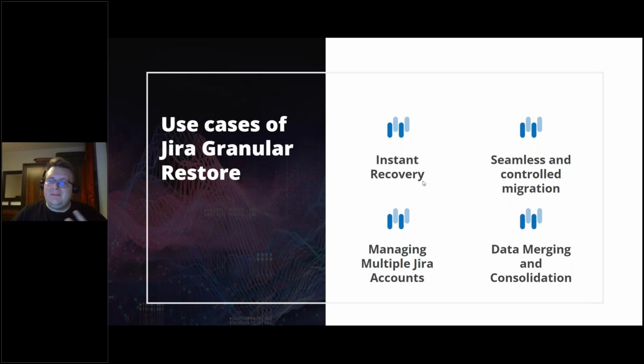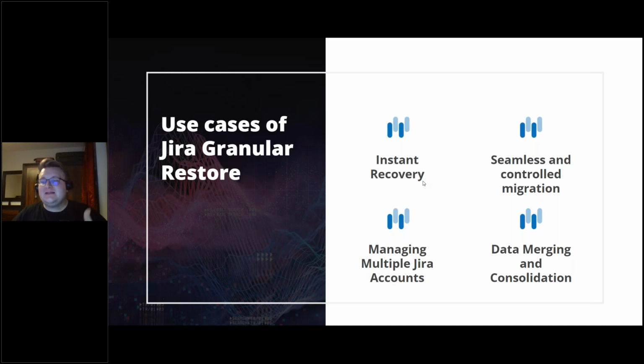Normally, with traditional backup solutions or with manual backup, this restore is done by importing the XML file into your Jira account. This typically results in overwriting the existing instance and removing any data that is inside. In case of GitProtect Granular Restore, you can achieve this restore without any damage to the data which is already in the account, and as a result, you can merge those two together.